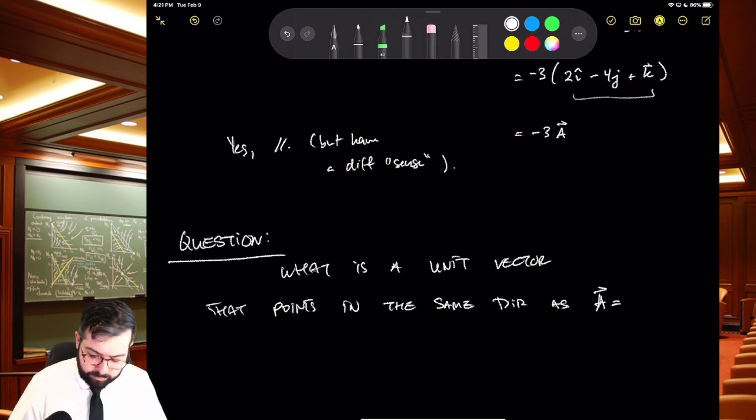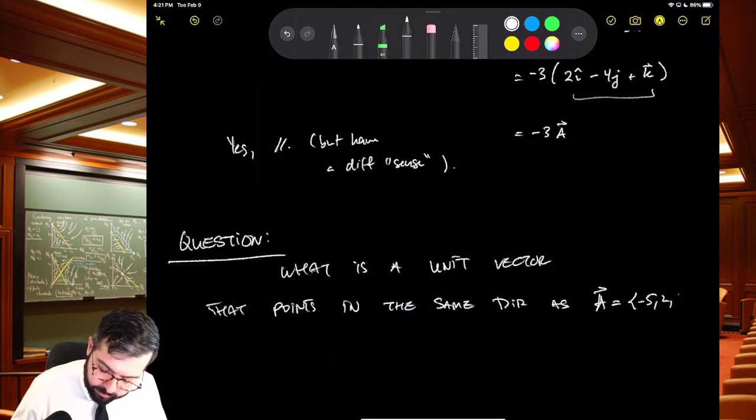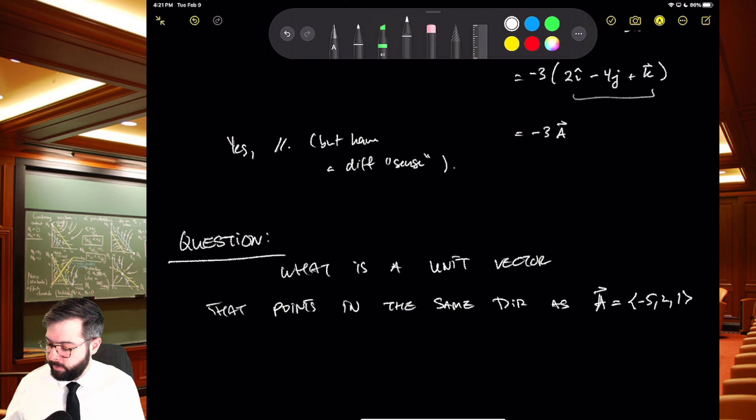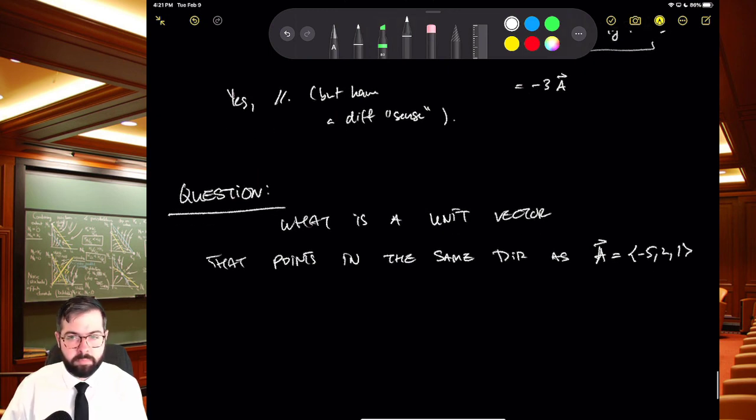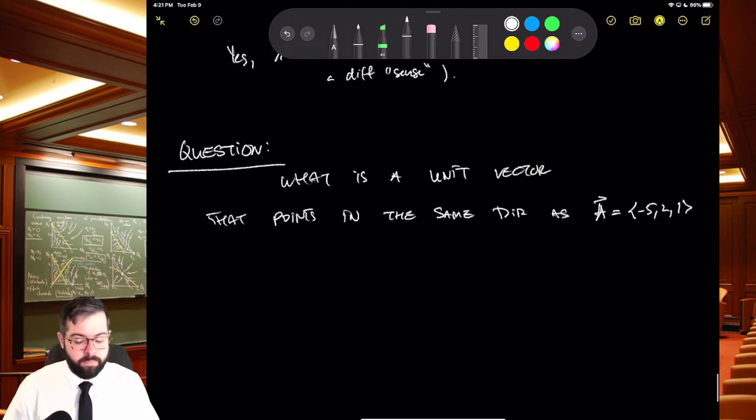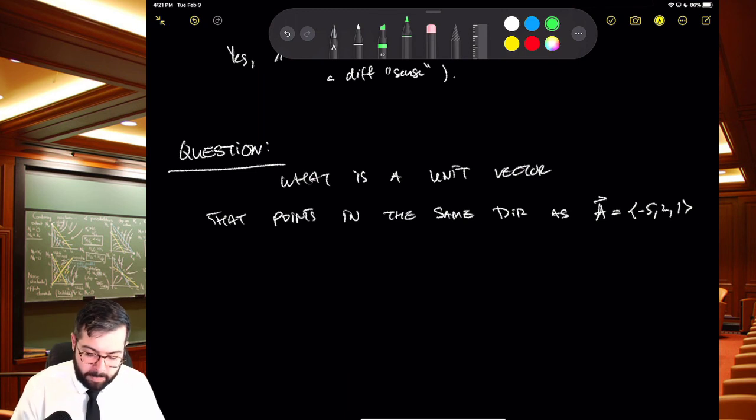So another question is, find a unit vector that points in the same direction as -5, 2, 1. So what do we think here?